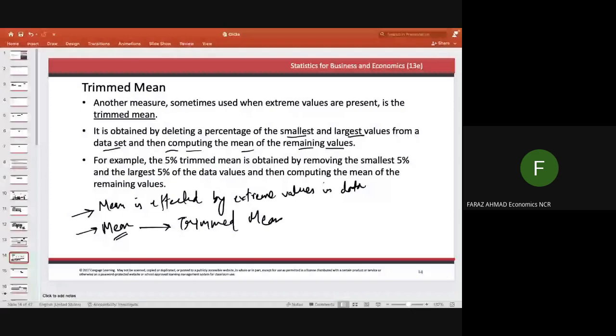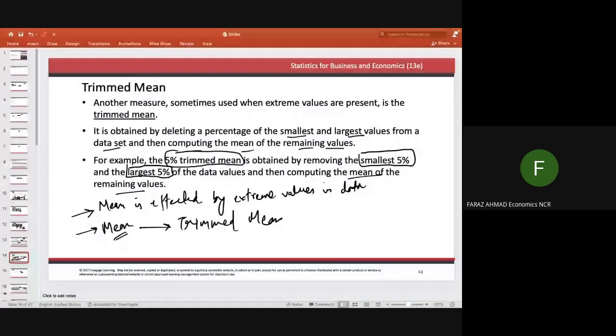You can do it by deleting a given percentage of the smallest and the largest values from a data set, and then computing the mean of the remaining values. For example, 5% trimmed mean means remove the smallest 5% values, remove the largest 5% values, remove both of them, and then whatever remains, compute the mean of those values.